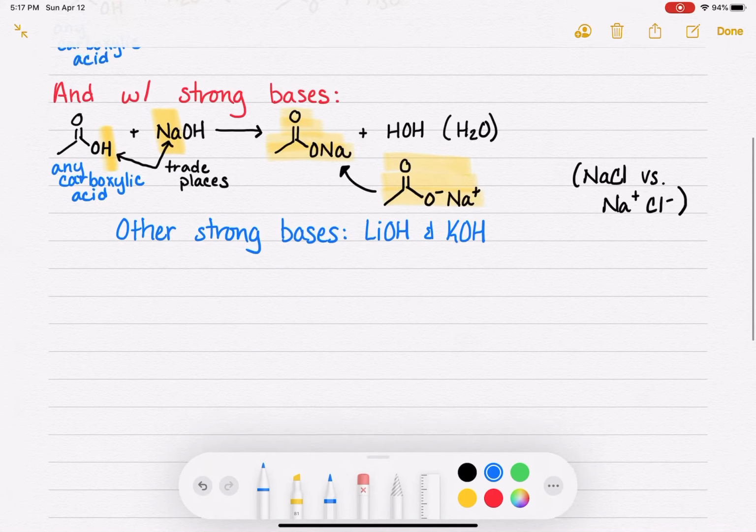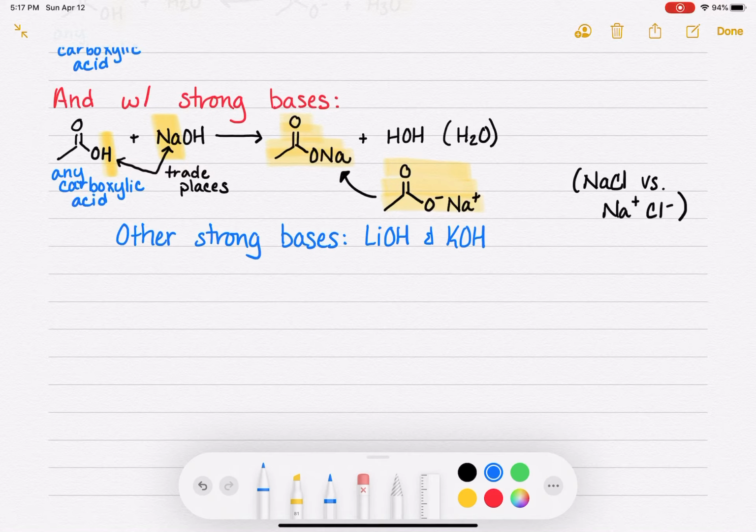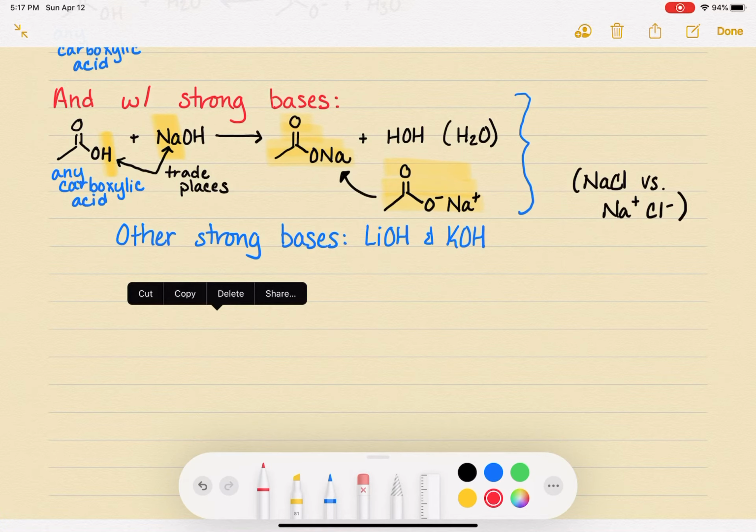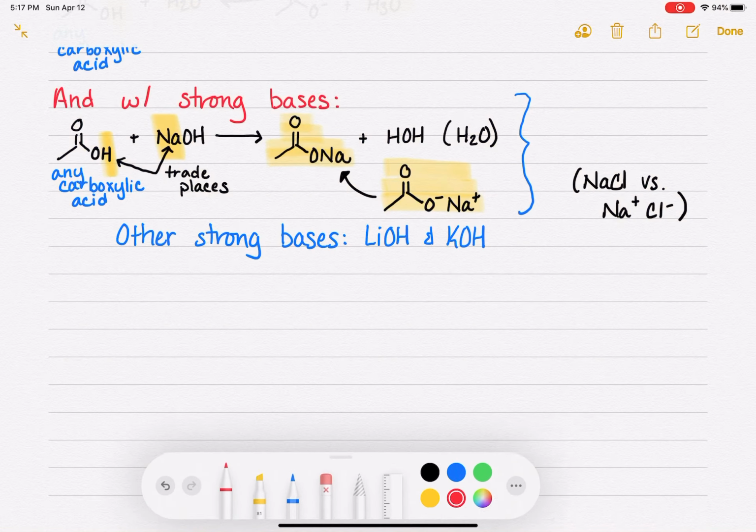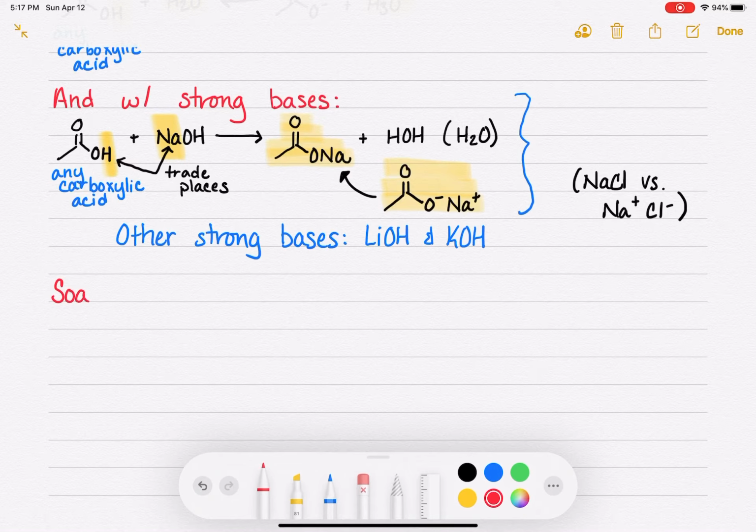So with regards to this reaction, the carboxylic acid reacting with strong bases, this is actually how we go about making soap. Soap is the molecule that is made when you react a carboxylic acid and a strong base. It is the product of the reaction between a carboxylic acid and a strong base.